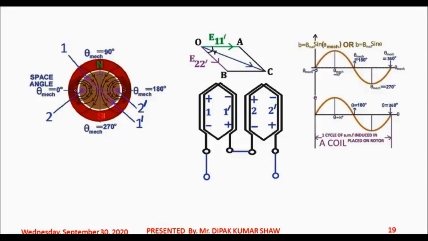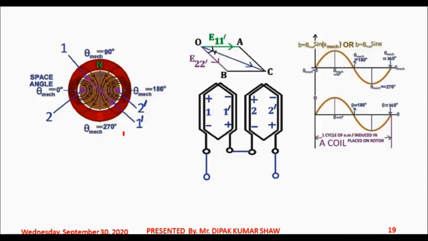So the convention which we have adopted is that flux under the north pole is positive and flux under the south pole is negative. So in line with that convention, in this particular analysis, we will say that if coil side 1 is under the center of north pole and coil side 1 dash is under the center of south pole, EMF induced in coil 1 1 dash would be positive maximum. And if coil side 1 dash is under the center of north pole and coil side 1 is under the center of south pole, that would be negative maximum.